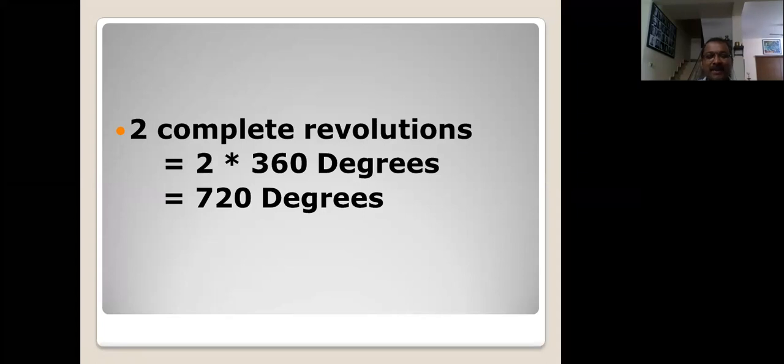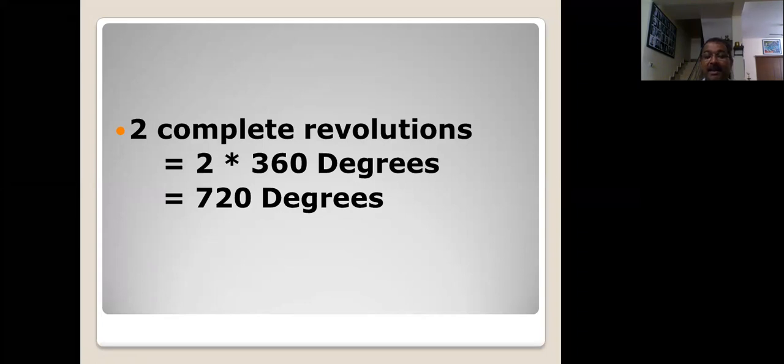Actually, in completing four strokes, your crankshaft is rotating two times. Means two circles are inscribed. One circle inscribes 360 degrees. Let us say a right angle.